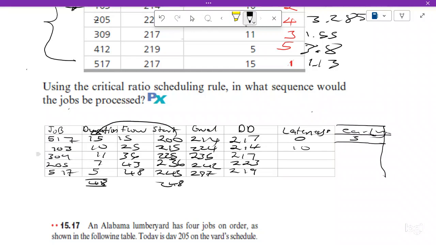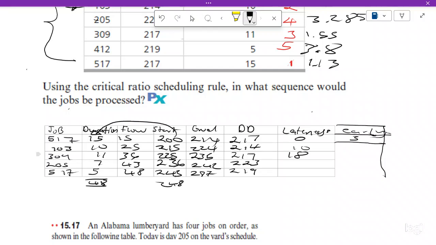217 and that 235. 217 minus 235, we have 18.